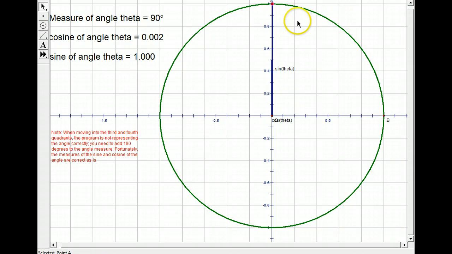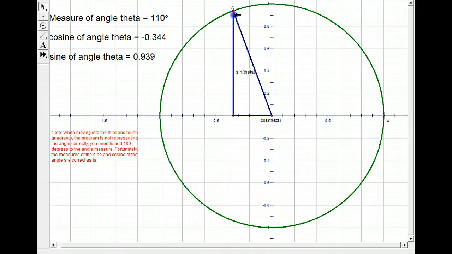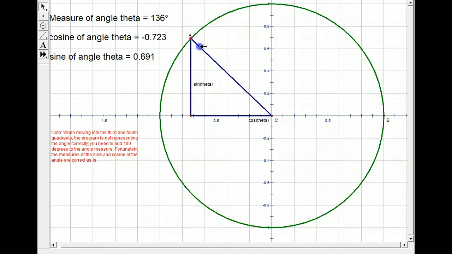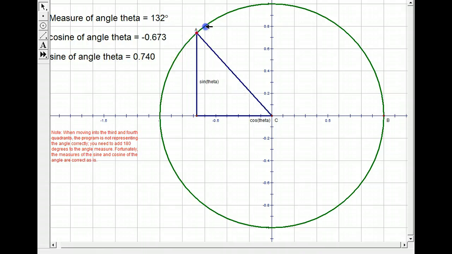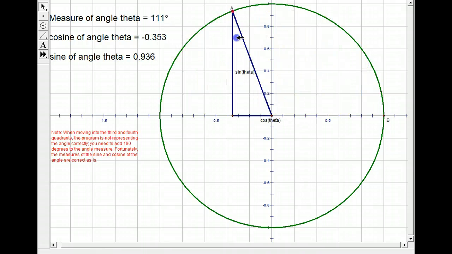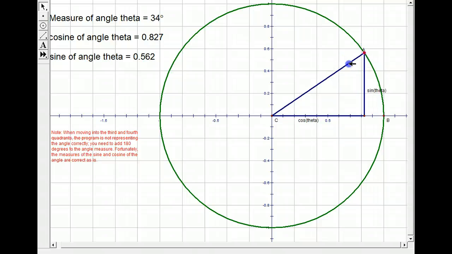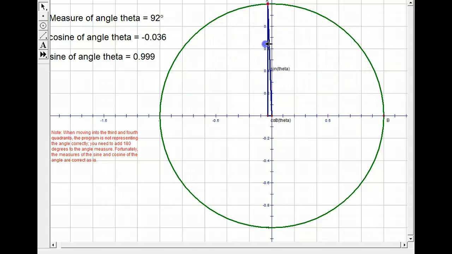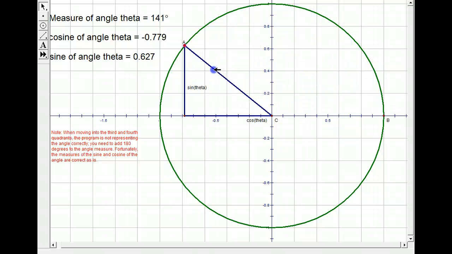The maximum height, maximum y value in the unit circle, is 1. Then the height starts to decrease as the angle continues. But no matter where you are, the y value is always sine. You can think of the sine of an angle as the y value at that point.